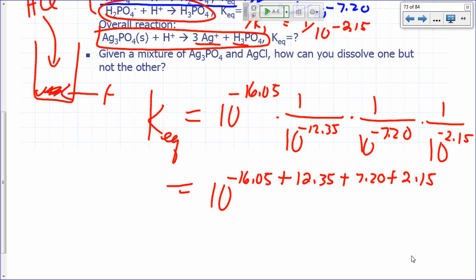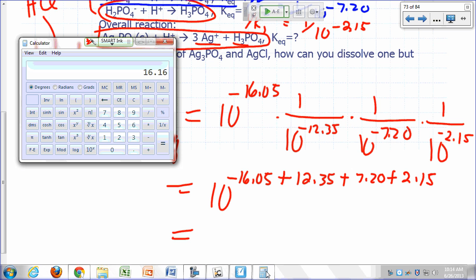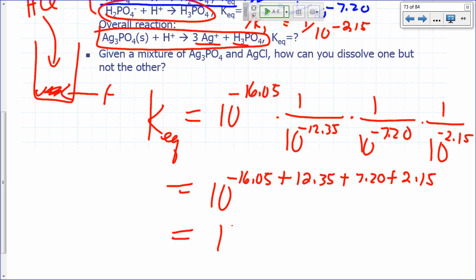And that gives you negative 16.05 plus 12.35 plus 7.2 plus 2.15. That gives you 5.65. 10 to the 5.65.